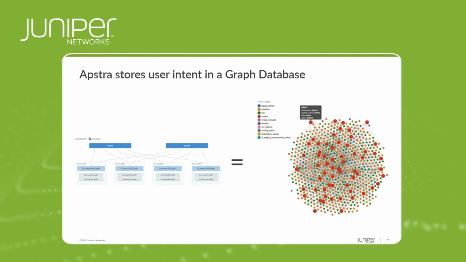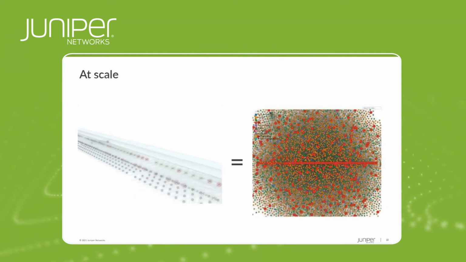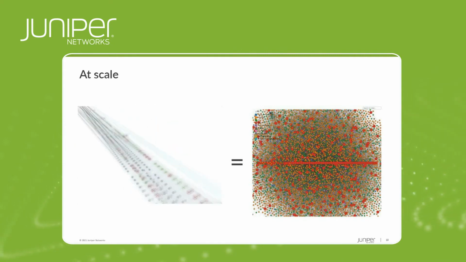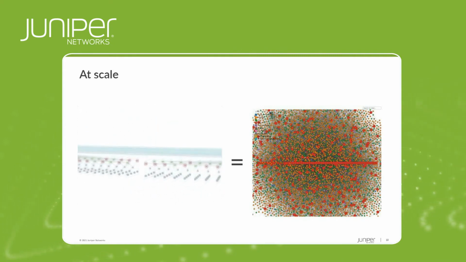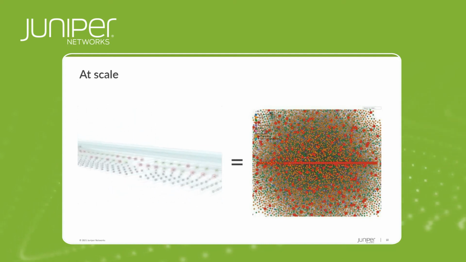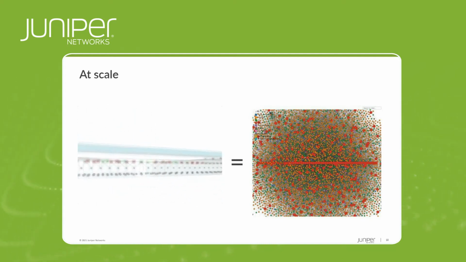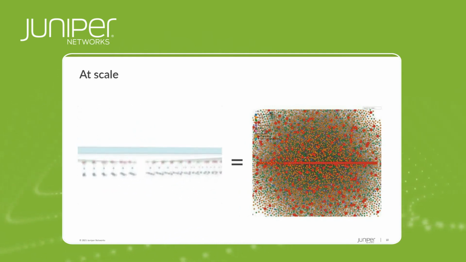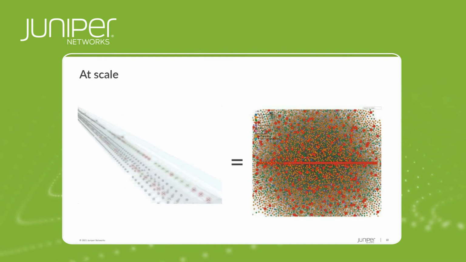Now, if you scale that, we have major telcos using the product with many hundreds of devices per data center, with data center interconnect and so on. We're looking at potentially hundreds of thousands of nodes from a physical standpoint, and thousands of VXLAN services.